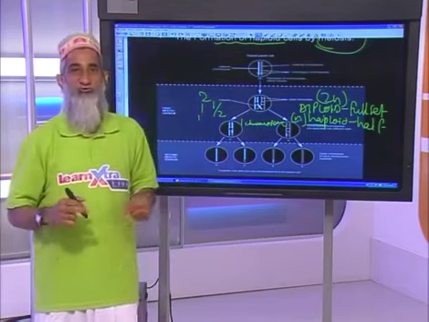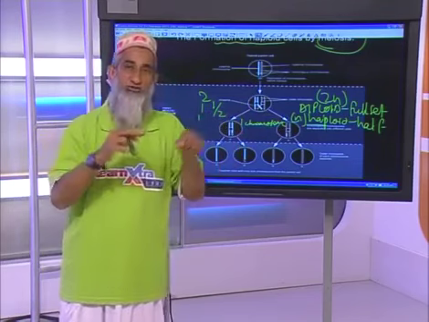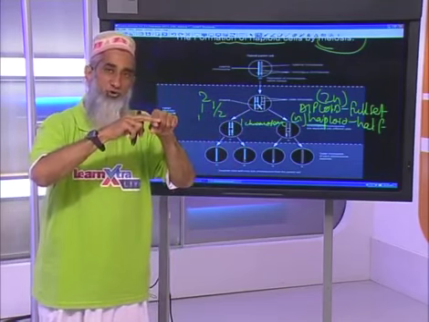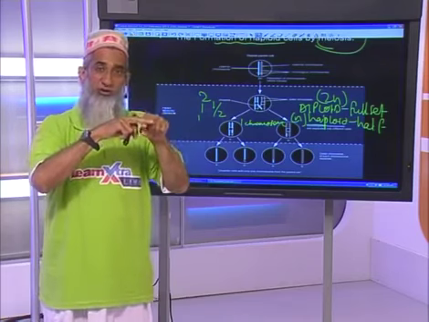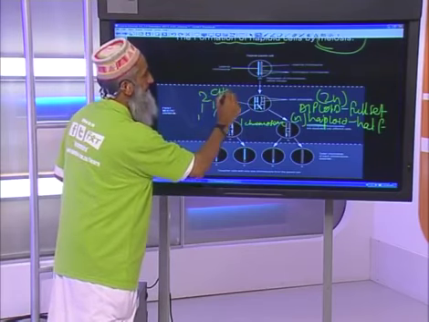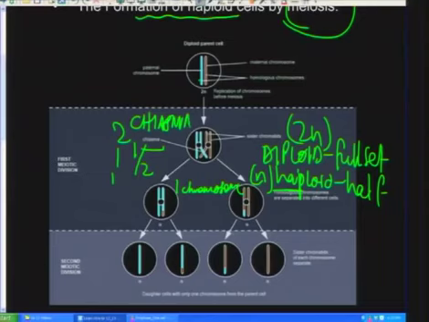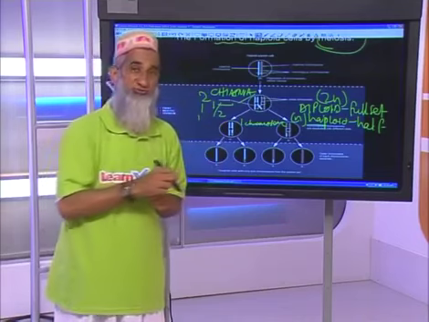What is crossing over, you ask? It is when the chromatids of adjacent homologous pairs, or homologs, I should say, cross over. When they touch, this point is called the chiasma. What happens here, guys, is that parts of the one are exchanged with parts of the other one.